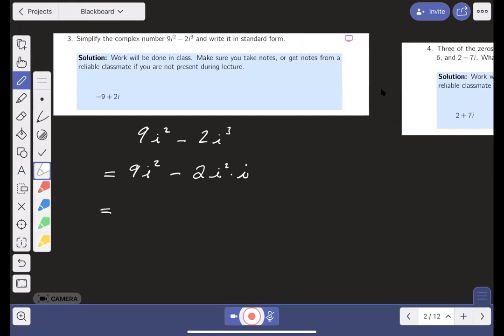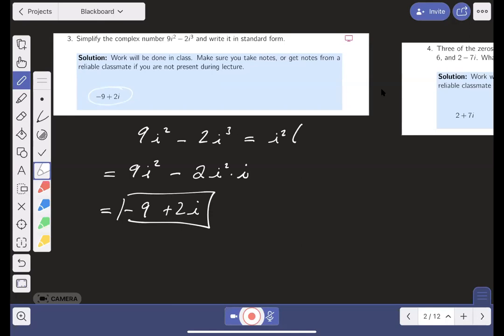Now what's i²? It's -1. So the first term is just -9. What do you get for the second term? Well, i² again is -1. So you get -2 times -1, which is +2. All right, I'm going to do it a slightly different way. I'm going to factor i² out. And what do you get?